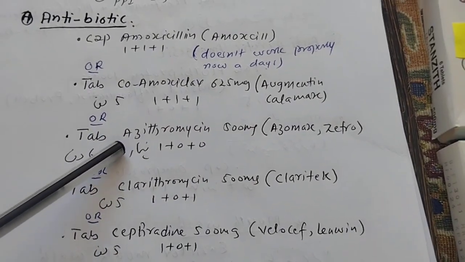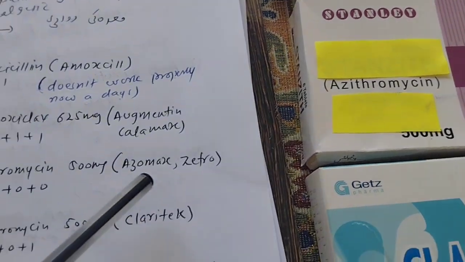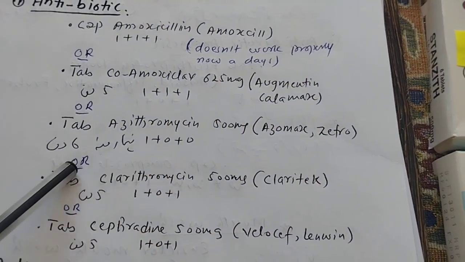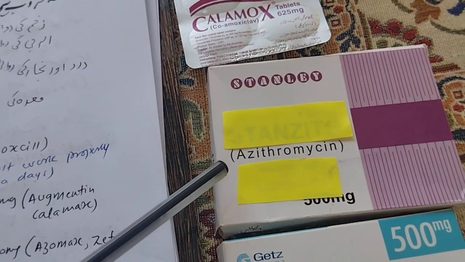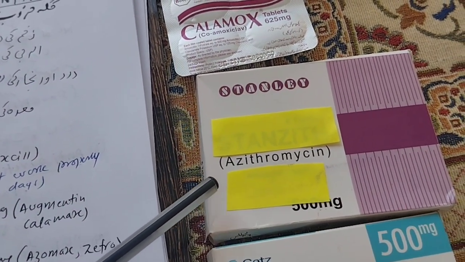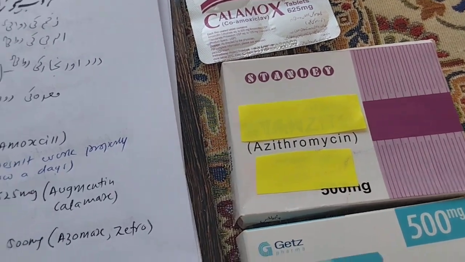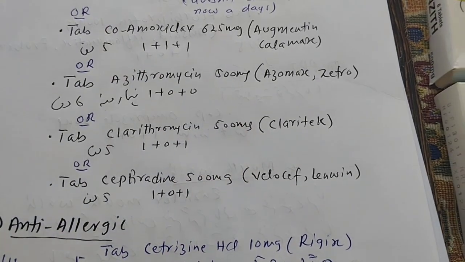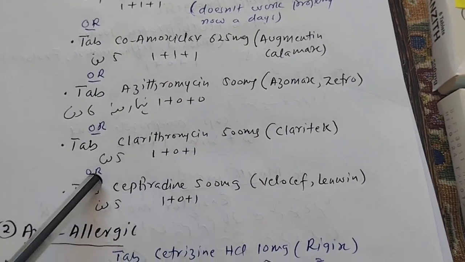Or we can choose tablet azithromycin 500 mg, which comes under the brand names Azumex and Zetro, once daily for 6 days. But mostly we should avoid azithromycin because the majority of people are now getting resistance to it. Another antibiotic we can give is clarithromycin, under the name Claritic, 500 mg BD for 5 days.